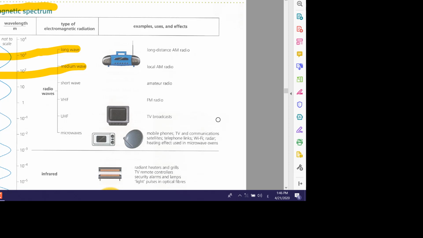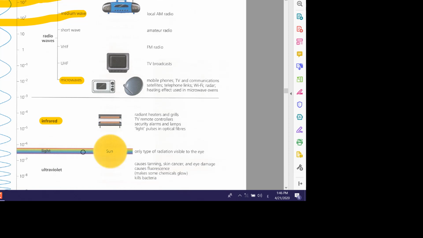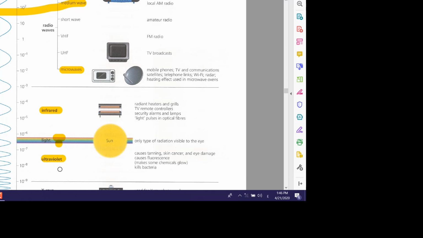On the next page, we will start firstly from microwaves. Number 1, microwaves, then infrared, then red light, then violet, then ultraviolet.